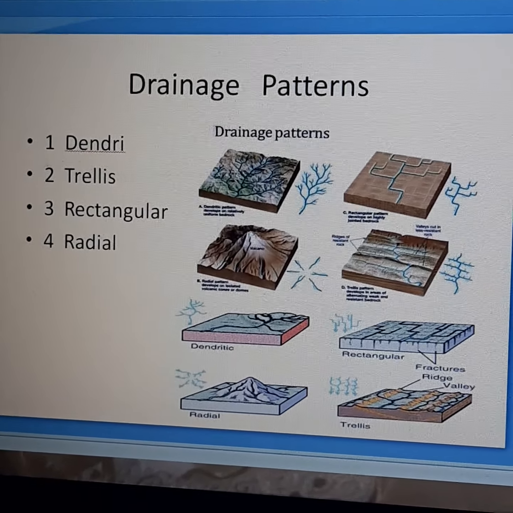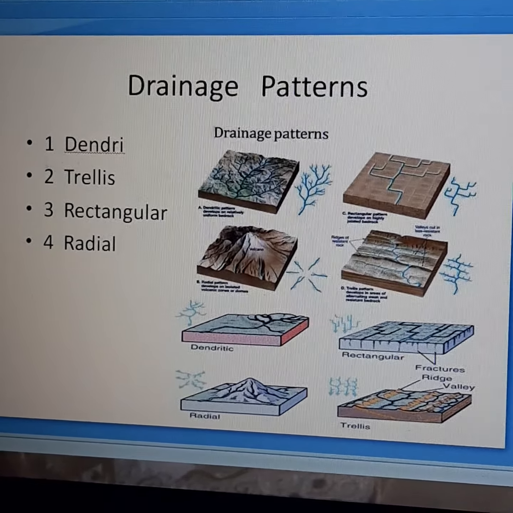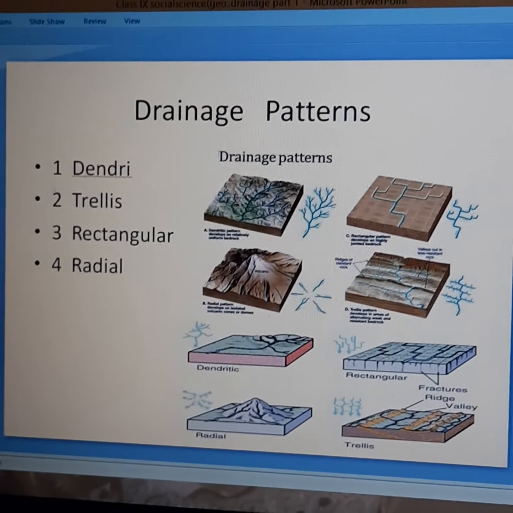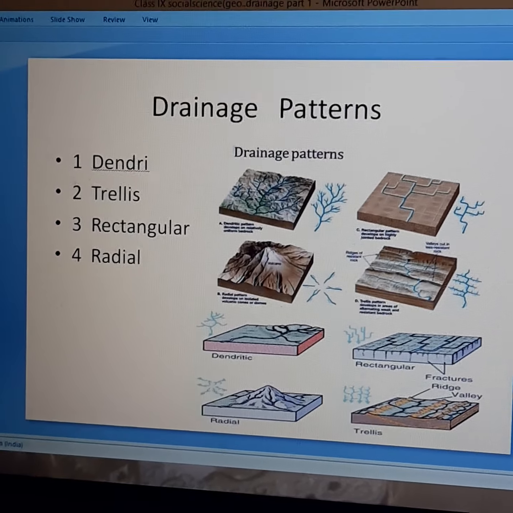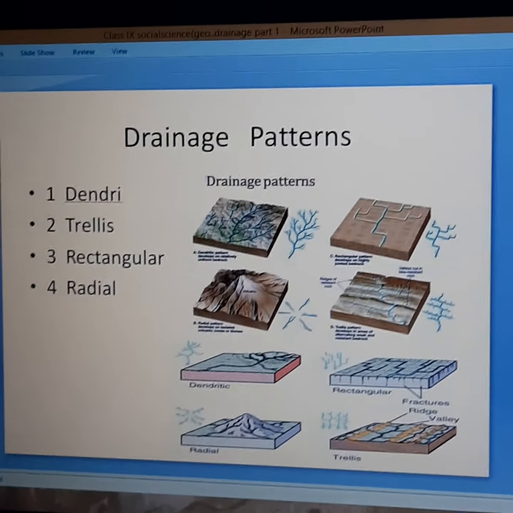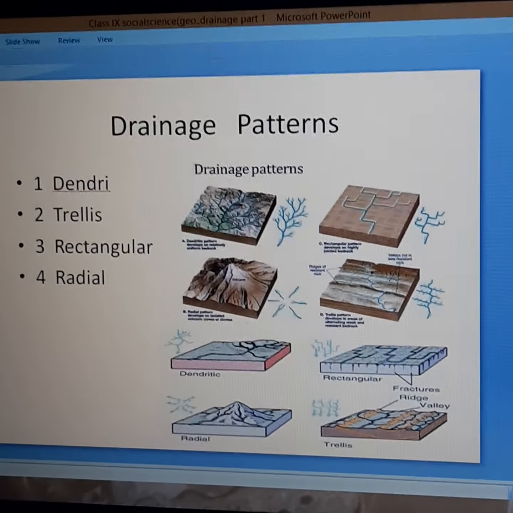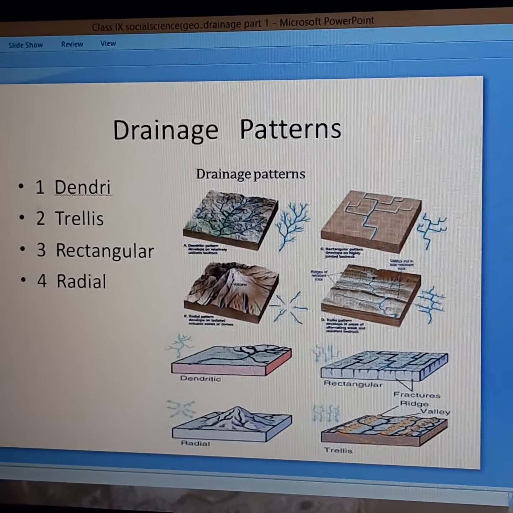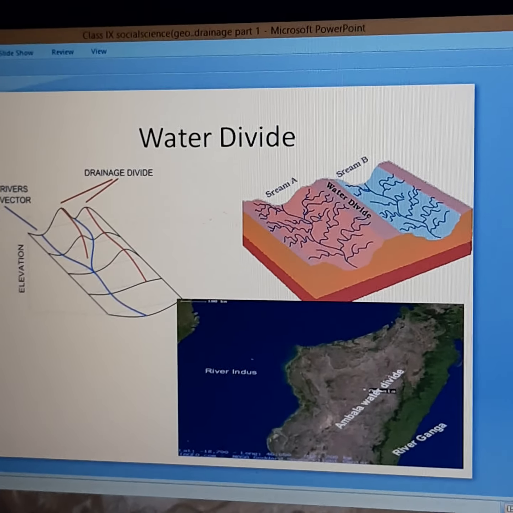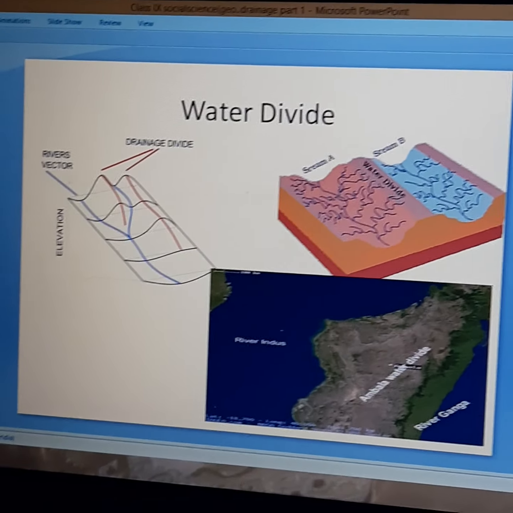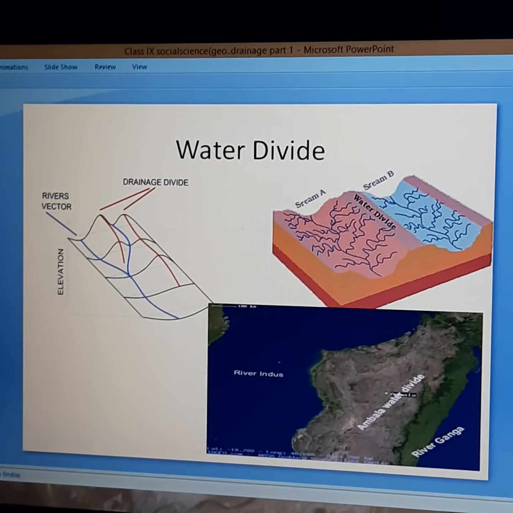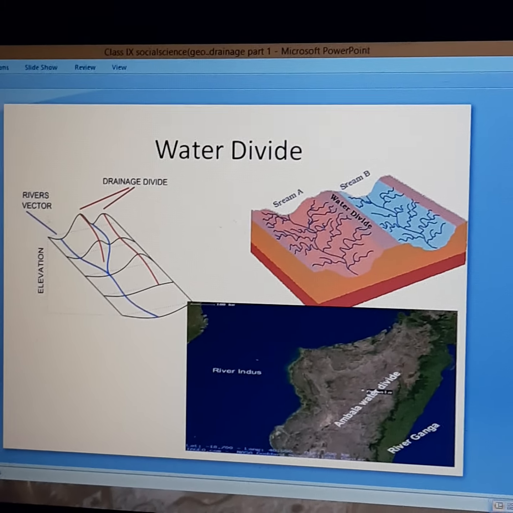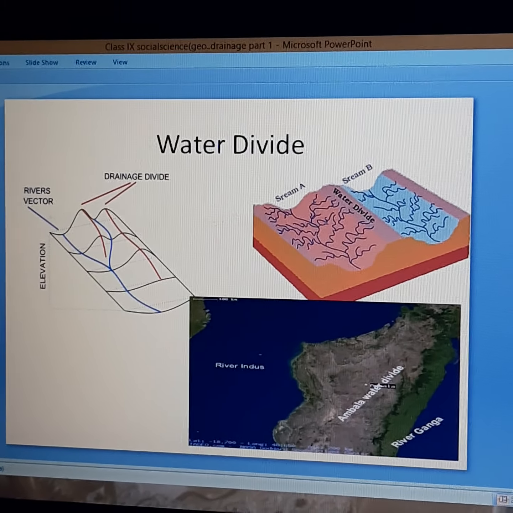So children, you might have noticed that small streams or rivers flowing in different directions come together to form the main river, which ultimately drains into a larger water body such as a sea, an ocean, or a lake.